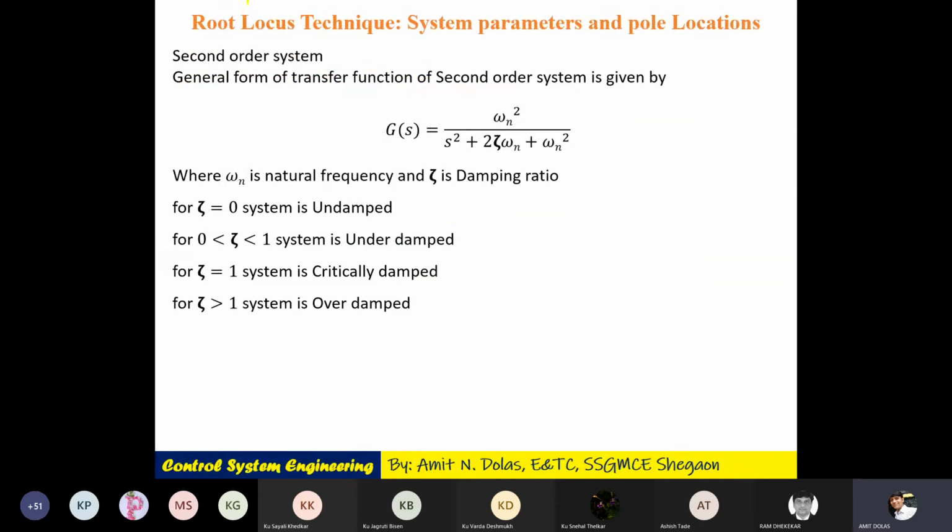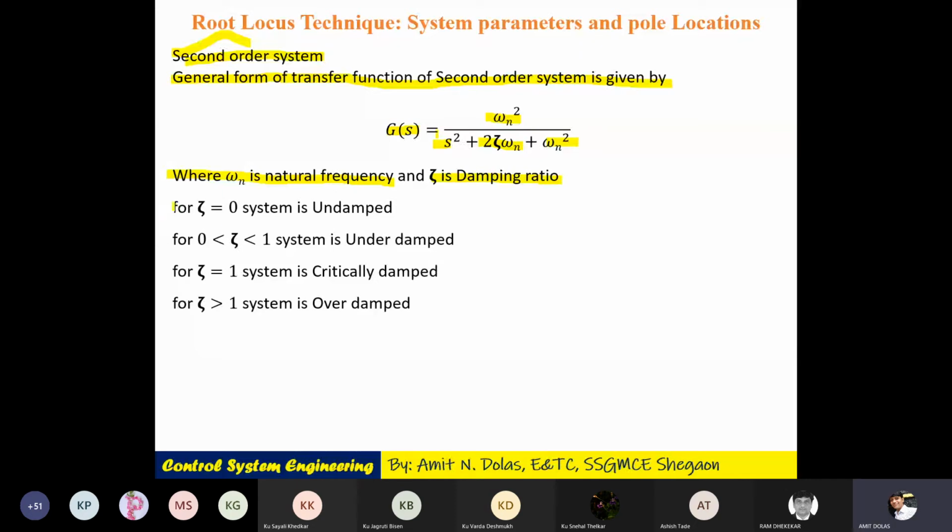Now what about the second order system? The general form transfer function of second order system is given by G(s) equal to omega n square divided by s square plus 2 zeta omega n s plus omega n square, where omega n is the natural frequency and zeta is the damping ratio.